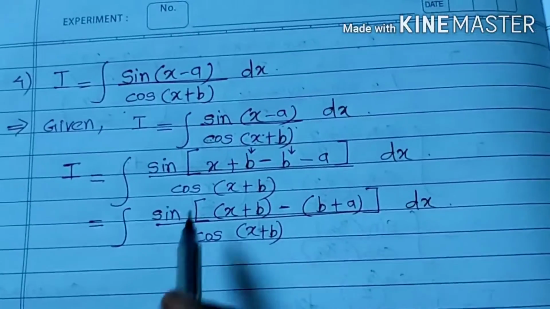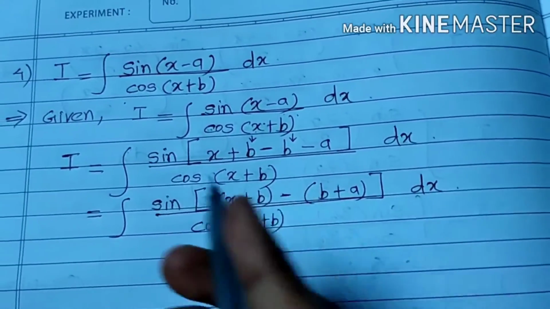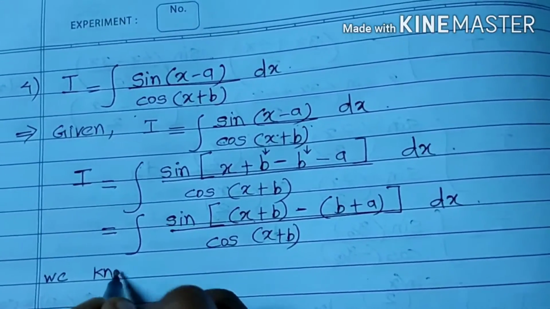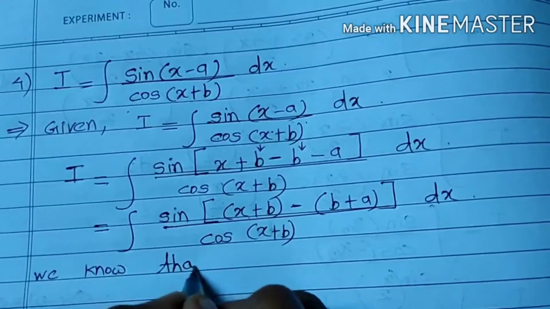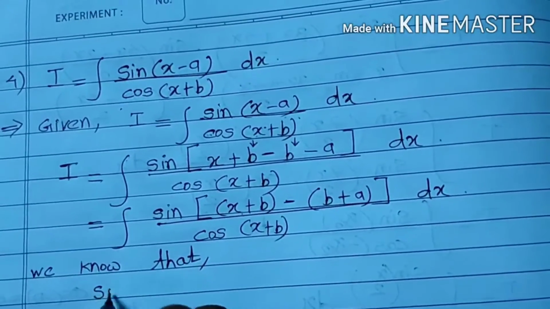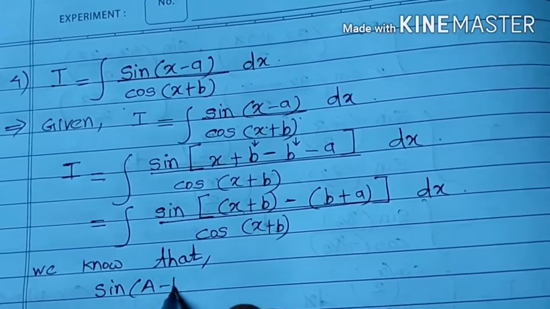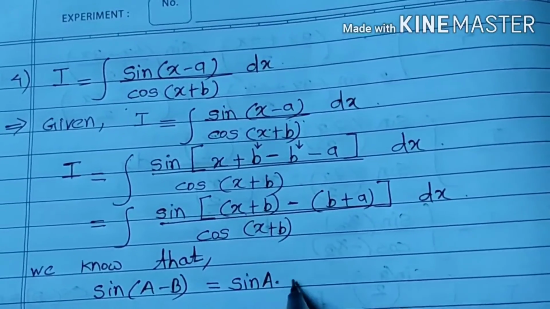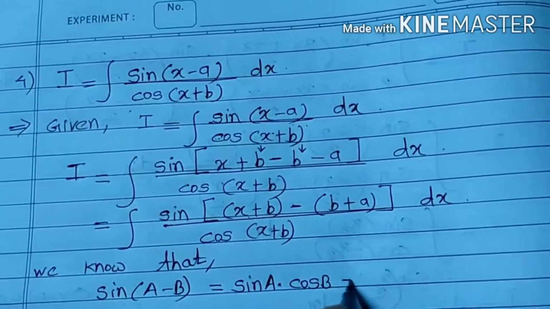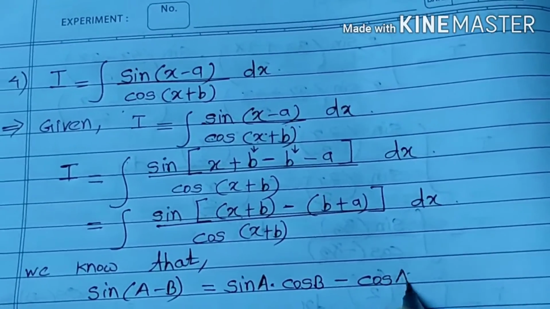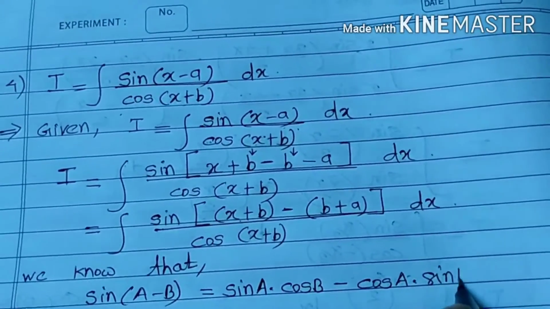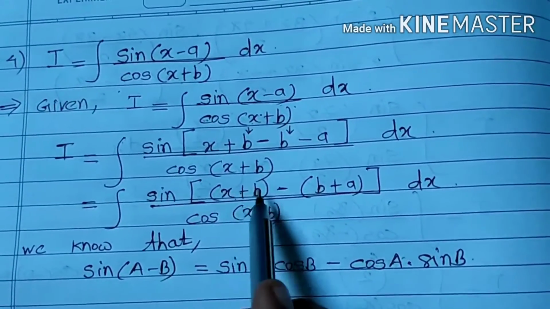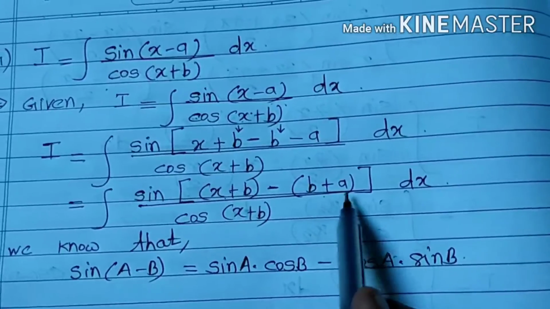Now we know the formula of sine A minus B. What is the formula? Sine(A minus B) is equal to sine A into cos B minus cos A into sine B. Suppose here angle A is x plus b and angle B is b plus a.